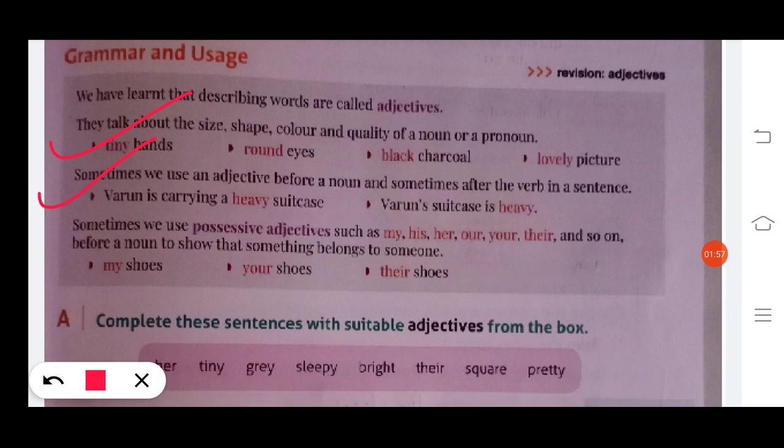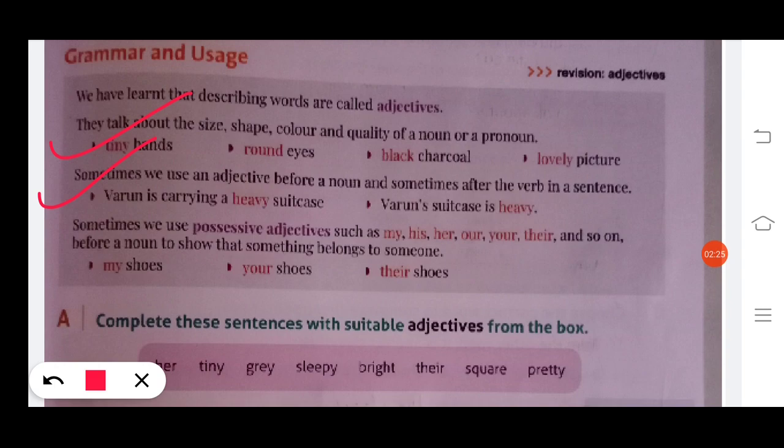In the first example, the adjective is used before a noun. Suitcase is a noun, and before it we have used the adjective heavy. In the second example, Varun's suitcase is heavy, it is used after the verb.